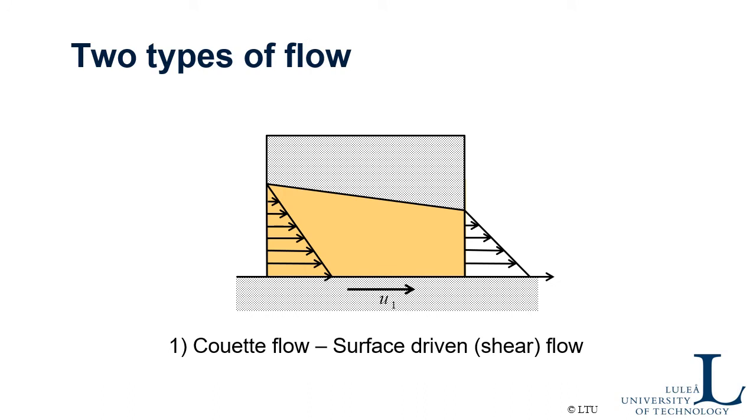We also have two types of flow. The first flow is Couette flow, and that is surface-driven flow. So it's the flow driven by the moving surface. When the surface moves here, it will bring in lubricant, and we assume that the oil is sticking to the surface. So the lubricant molecules closest to the surface stick to the surface and move with the same speed as the surface.